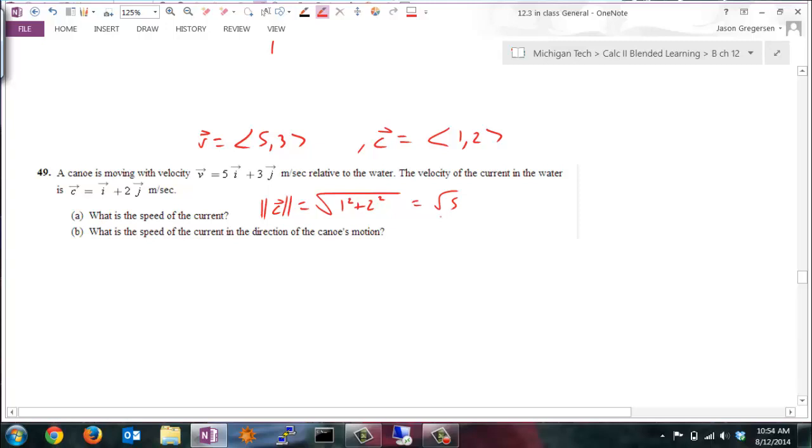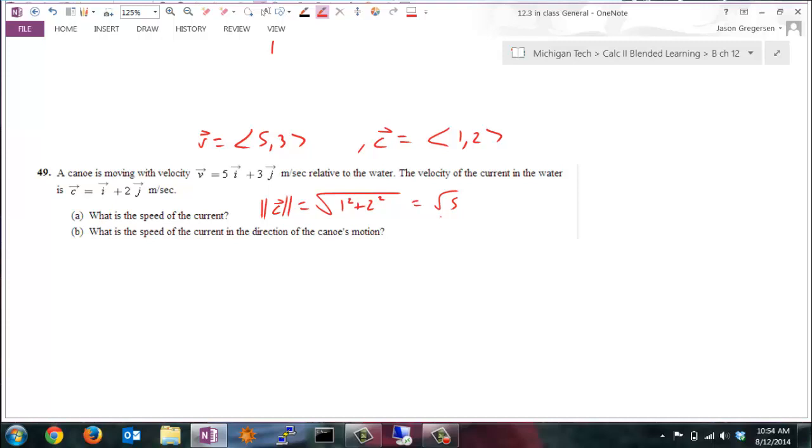The second one says, what is the speed of the current in the direction of the canoe's motion? What is that thing asking me? Absolutely. It says, this is how fast the current goes, but that's not all the stuff that's pushing me. And some of it's going in the wrong direction.